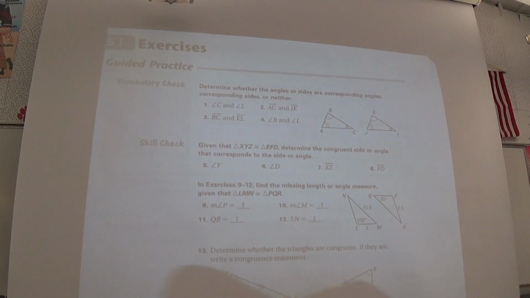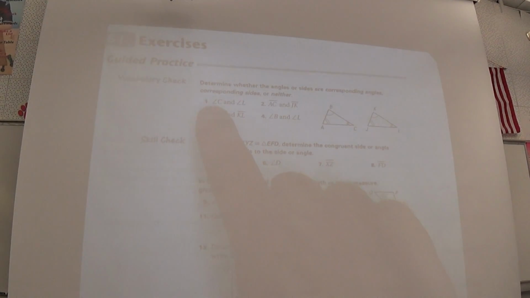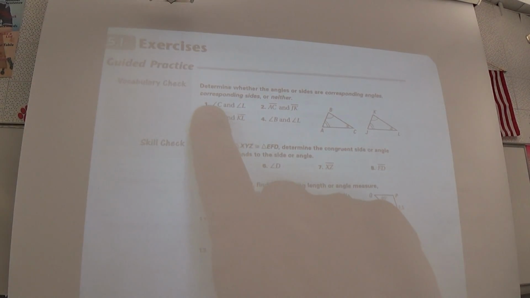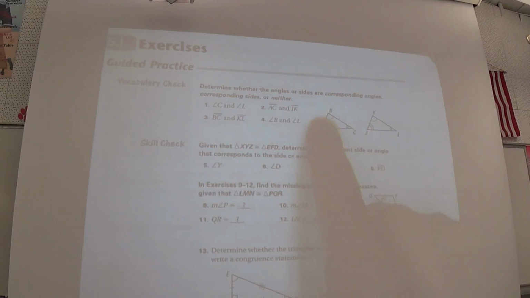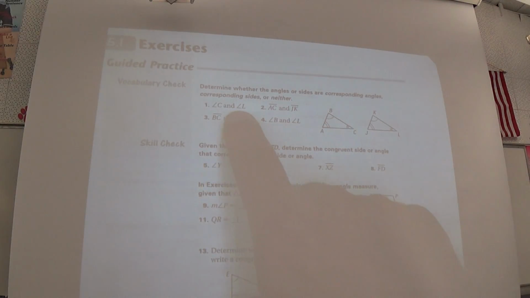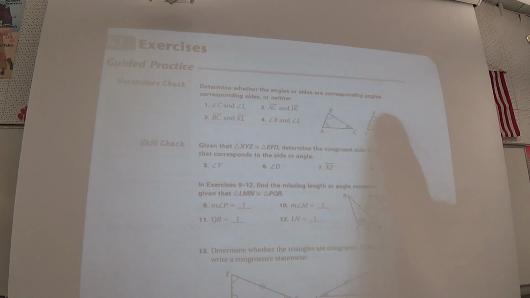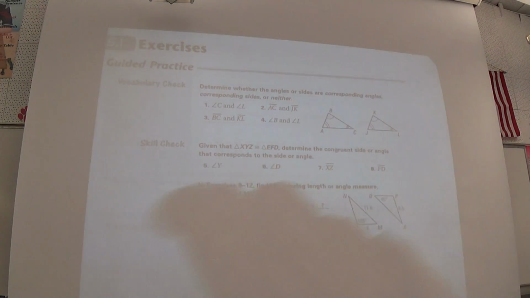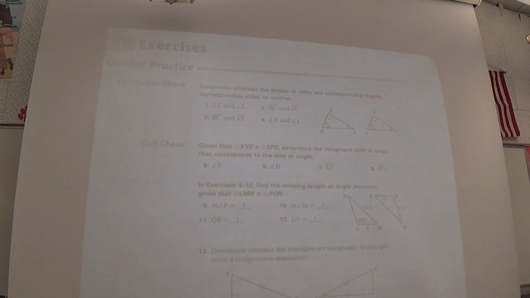When it uses the term corresponding, it means is angle C in the same position on this triangle as it is angle L on that triangle. And when I say the same position, I mean the same place in the other triangle. What I don't mean is necessarily the same direction.